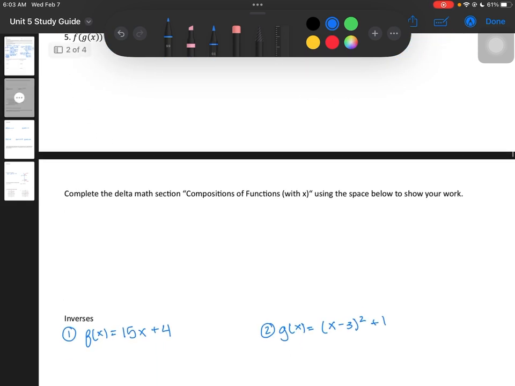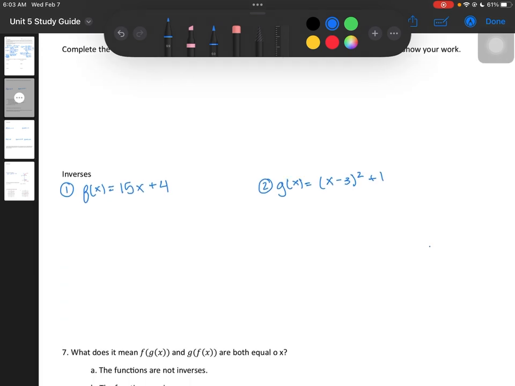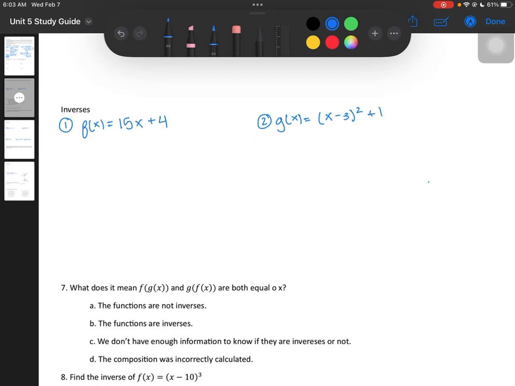And then there's also one section in Delta Math for composition to get a little more composition practice. So you can use this space right here to show your work for that section. So go ahead and pause the video so that you can complete those 6 practice problems and then do the Delta Math. And then when you're done and ready, you can come back and we are going to go over the inverse review.